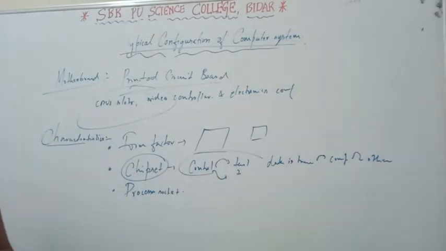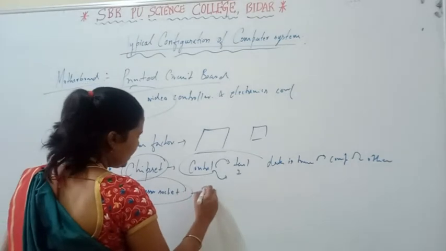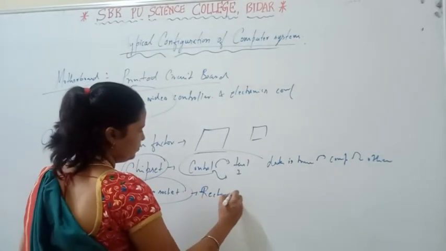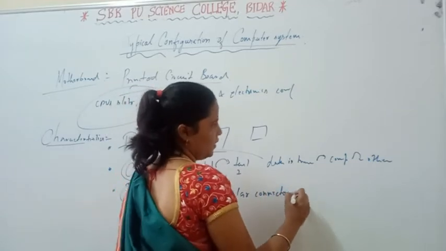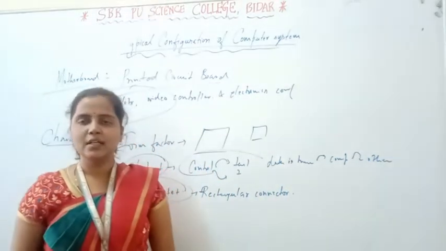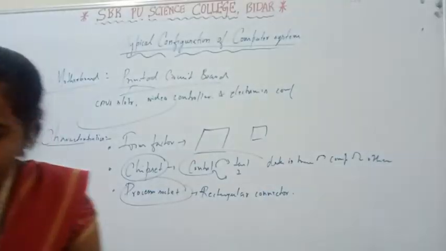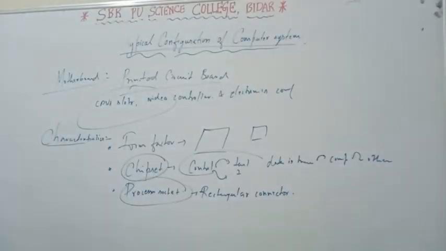Now what is a processor socket? What does the processor socket do? It is a connector. This processor socket is a rectangular connector where we can connect various devices.